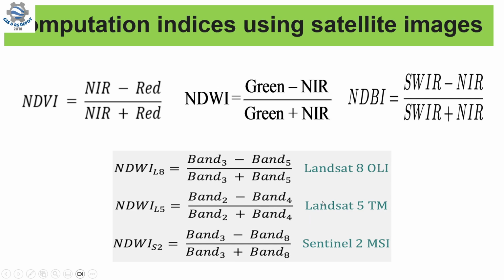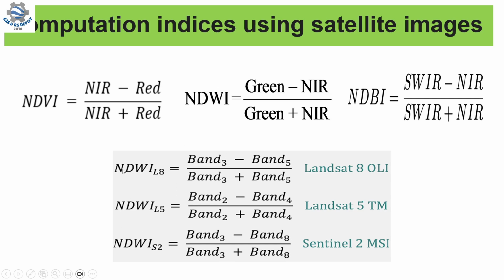If you want to use Landsat 5, you must follow the Landsat 5 band list, and for Sentinel-2, the Sentinel-2 band list. This is the basic difference of every dataset.